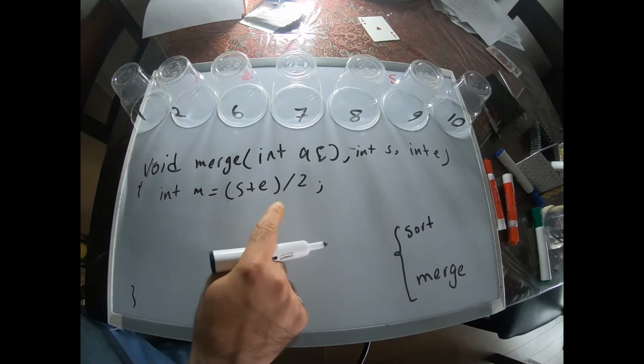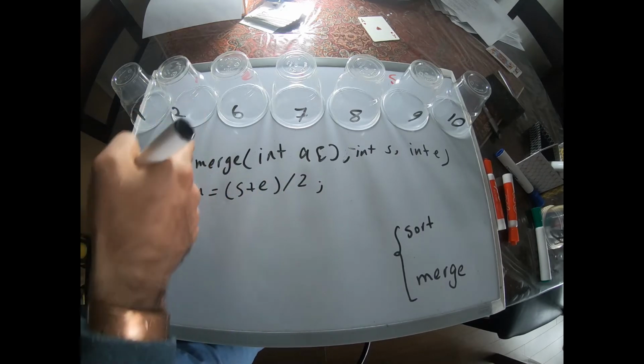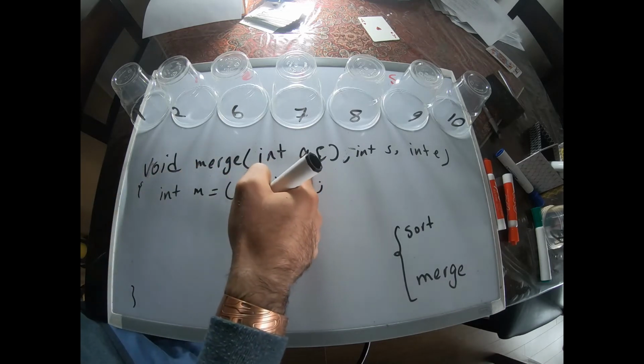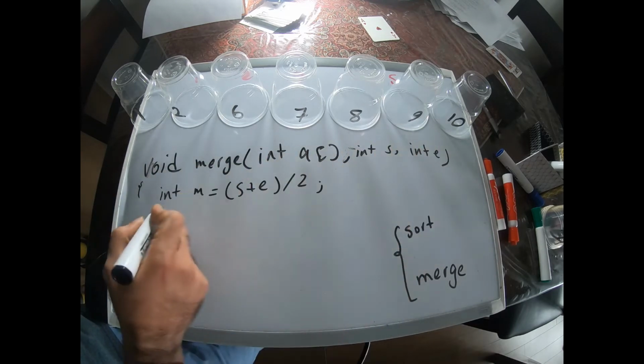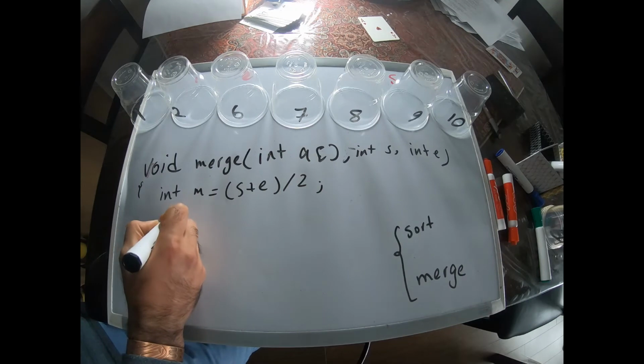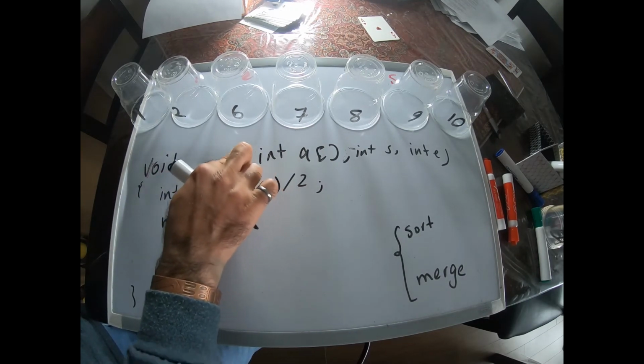So what we do here now, we're going to call the same function. So we say that in order to sort this array from this index to this index, first, let me call this one sort, sorry.